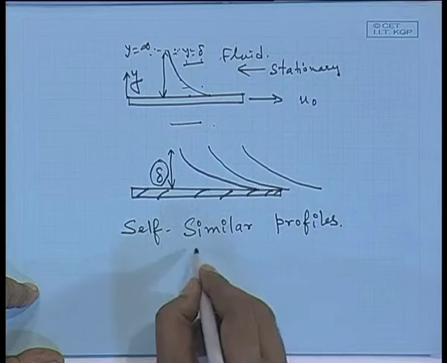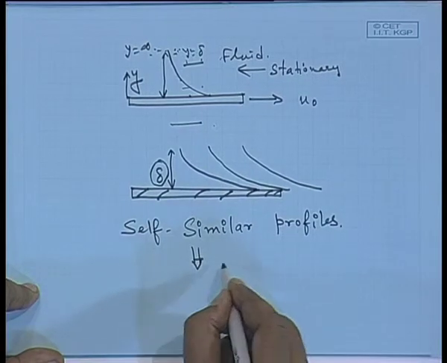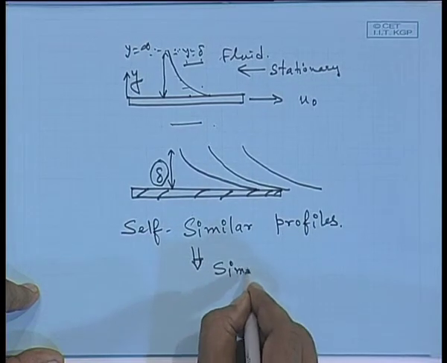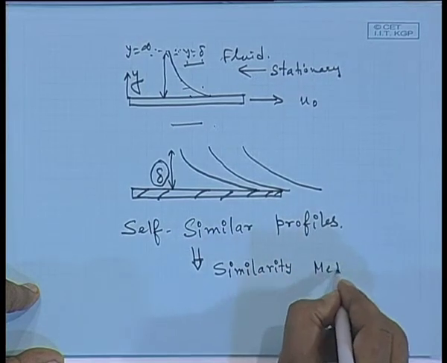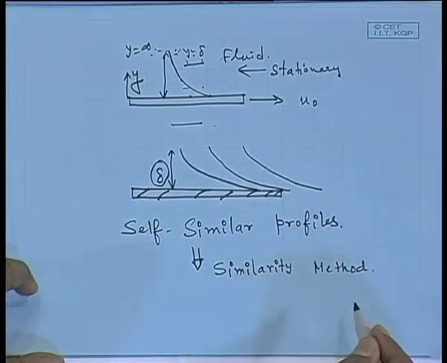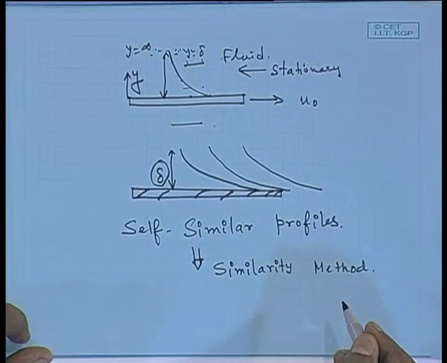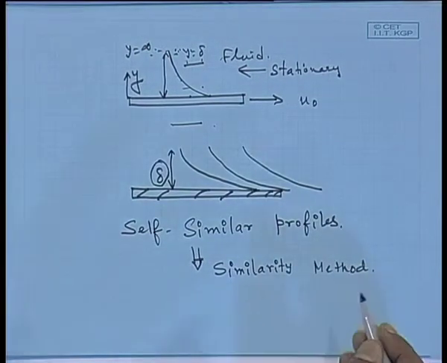Okay. And there is a method called similarity solution or similarity method, by which you can solve this problem analytically. Analytically means you will be getting a concrete solution in front of your eyes. Okay.